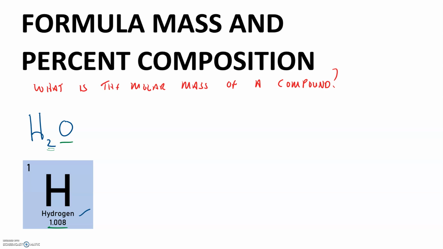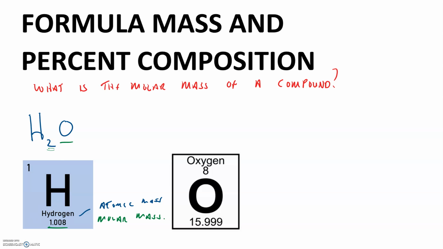We remember that this is both the atomic mass and also the molar mass, meaning it's the mass of 1 mole. And we also know that oxygen has an atomic mass of 15.99.